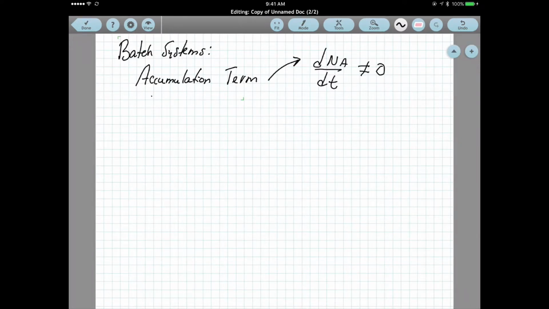So for batch systems, we can assume that the accumulation term is different than zero. That means that for the mole balance, this term is going to be important. So we need to define what N_A is and see if we can find an expression for the number of moles in terms of conversion.